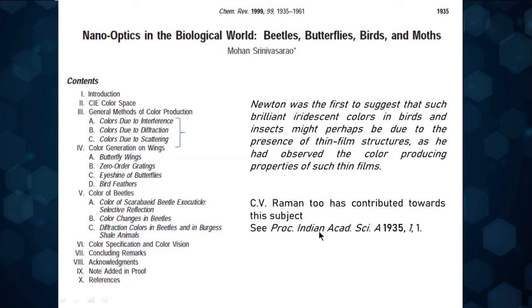I would strongly suggest you have a look at this paper, and also the volumes of papers which he has written, including floral colors and visual perception, which is volume number 6, if I'm correct, of the scientific papers of C.V. Raman. In fact, in my office, I'm just seeing that particular book right in front of me. It's quite interesting in that sense.